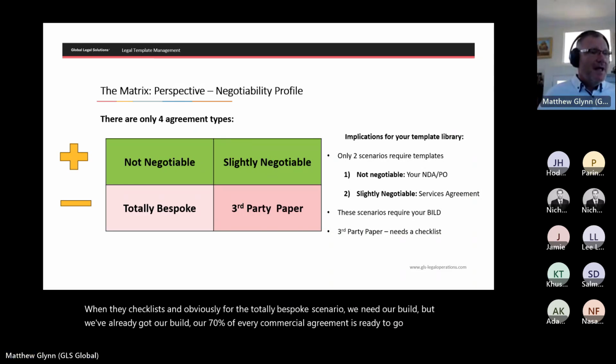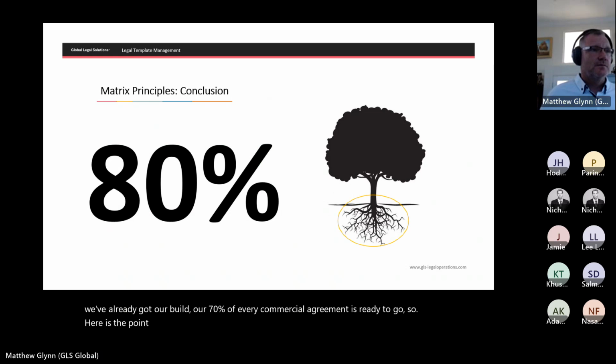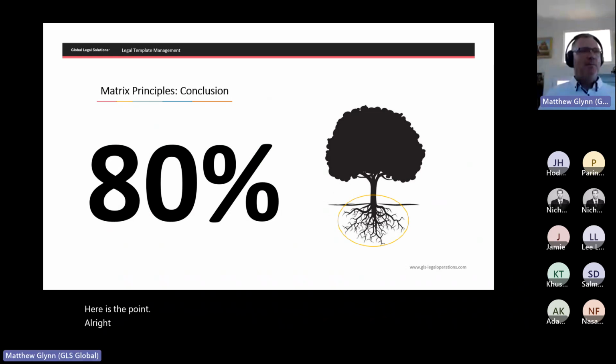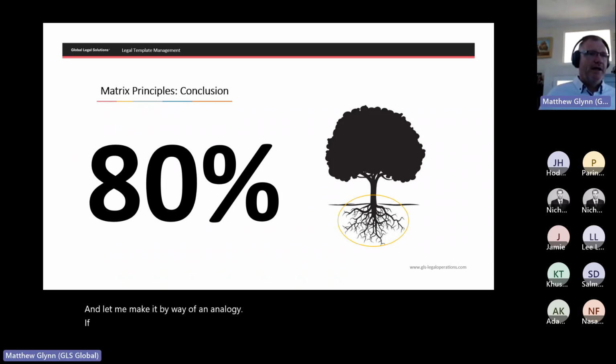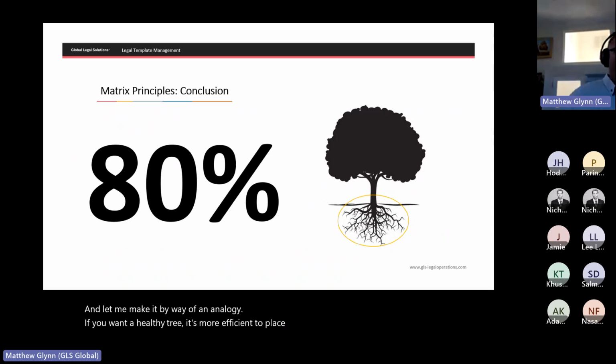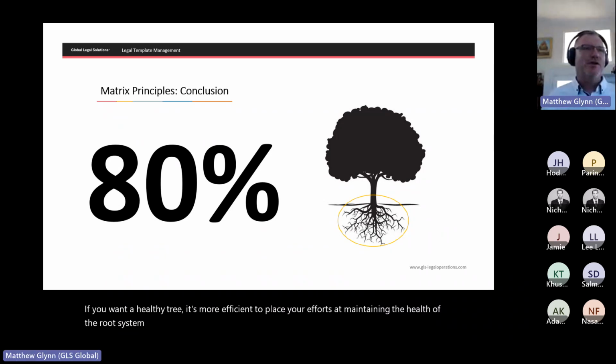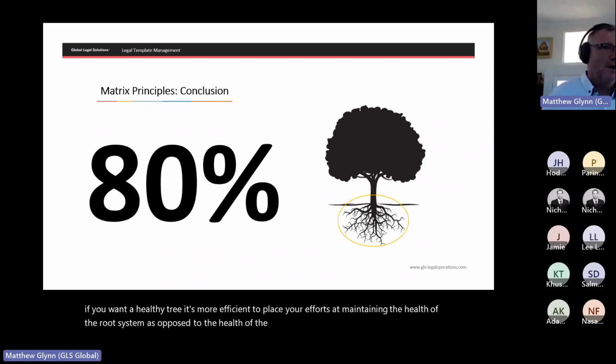So here is the point, right? And let me make it by way of an analogy. If you want a healthy tree, it's more efficient to place your efforts at maintaining the health of the root system as opposed to the health of the individual leaves.